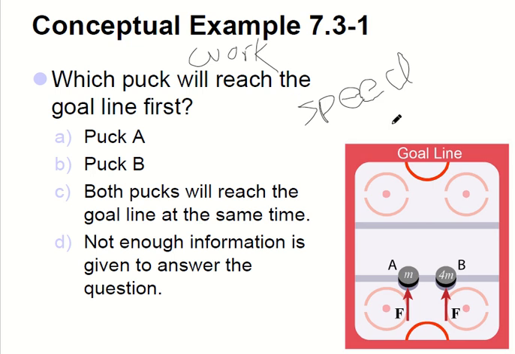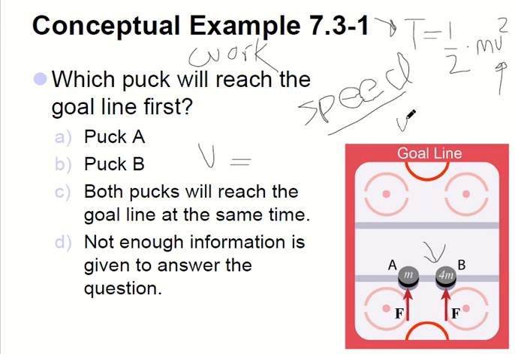Work is the same, but speed isn't, because your speed completely depends on the mass. So we go back to the very first equation. Since we have this the same, all you have to do is put this to that side and that to that side, and of course you're going to get it like this.